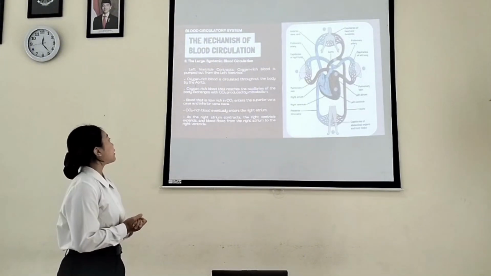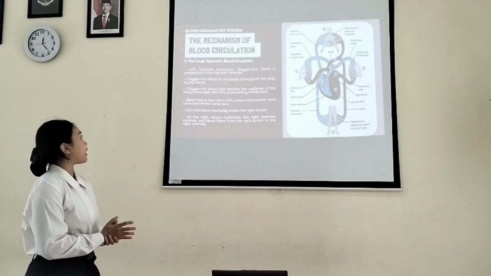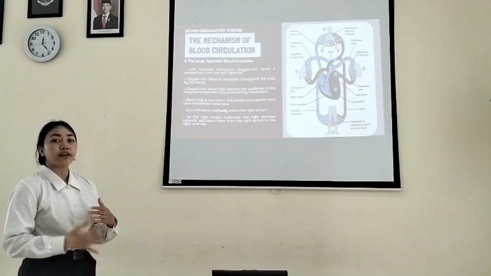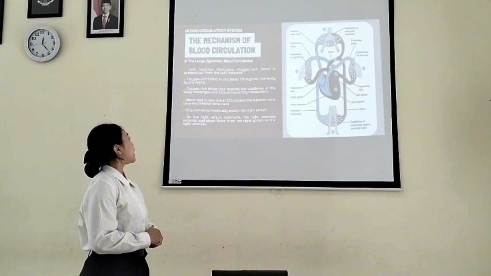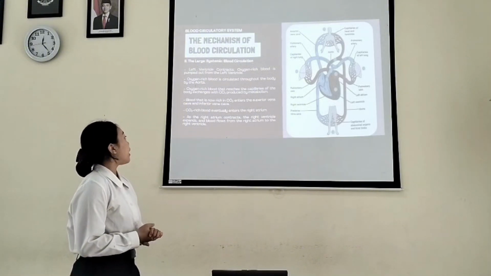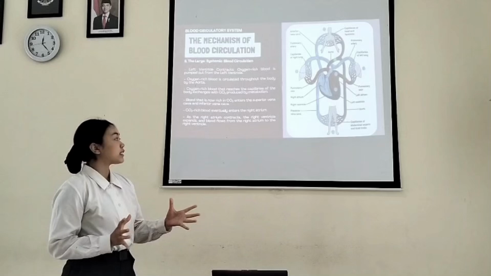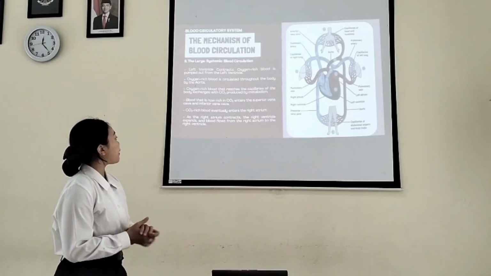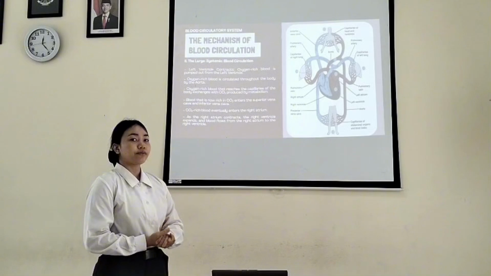And then blood that is now rich in carbon dioxide enters the superior vena cava and inferior vena cava. Carbon dioxide-rich blood eventually enters the right atrium, and as the right atrium contracts, the right ventricle expands and the blood flows from the right atrium to the right ventricle.